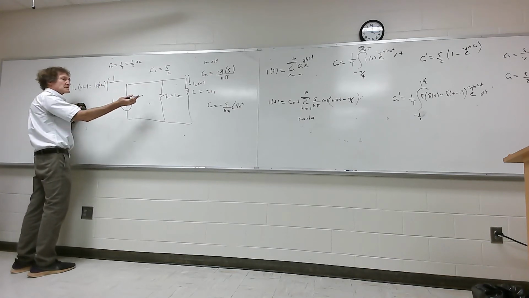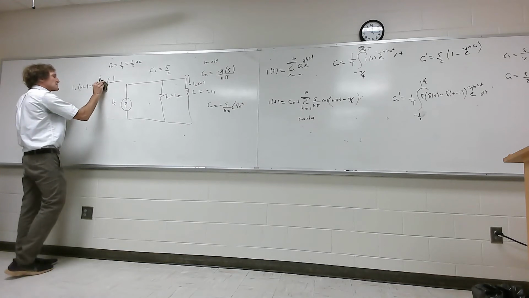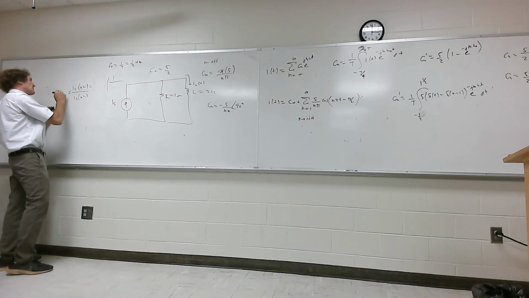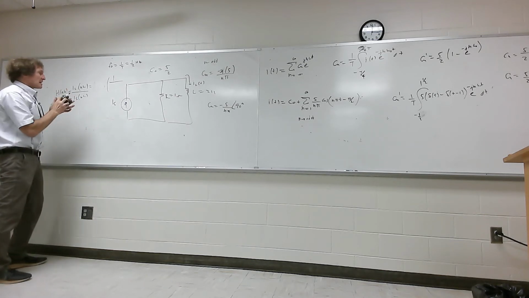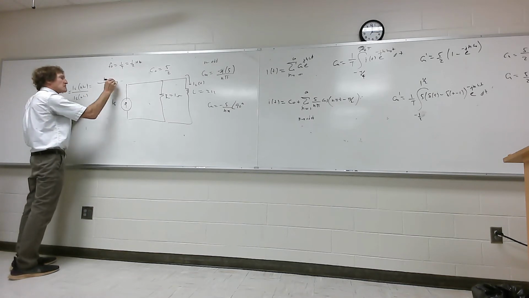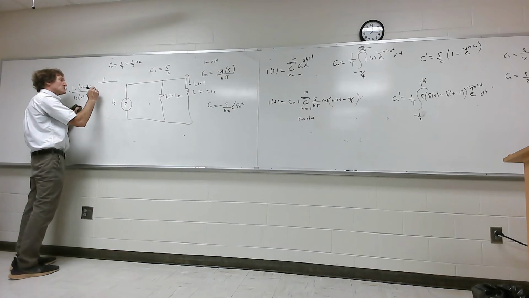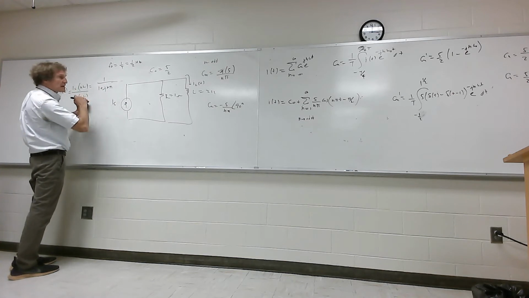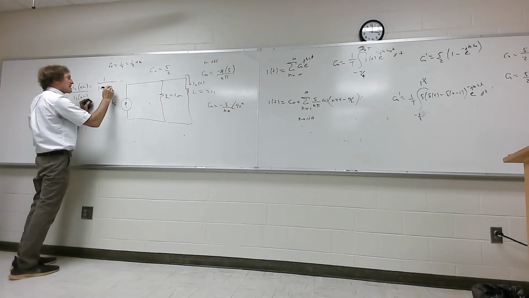Matter of fact, let's just get the transfer function. I'll call that H of n omega naught. That's the opposite, 1, over the sum of the two, which is 1 plus j times n times omega naught, which happens to be pi, times the value of L, right?